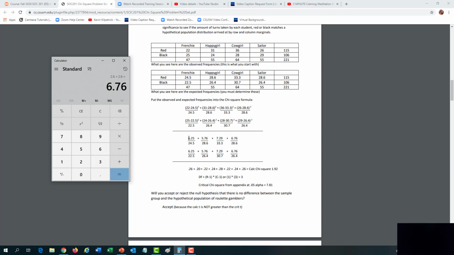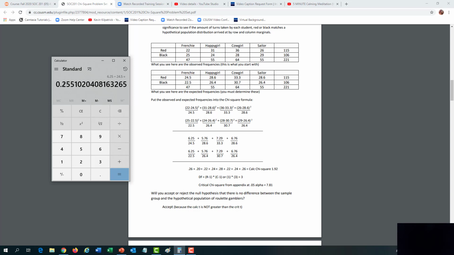So now that I have all of the numerators figured out and I've moved down to the next section, all I need to do is do the division for each fraction. Okay? So let's start with the first one. 6.25 divided by 24.5. And I get 0.255.